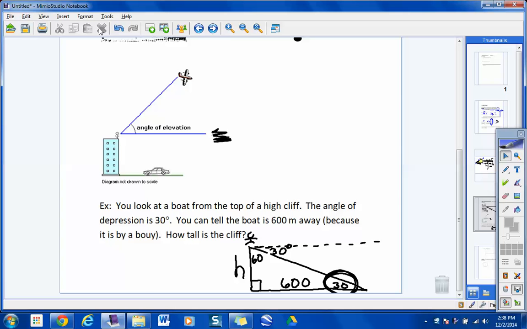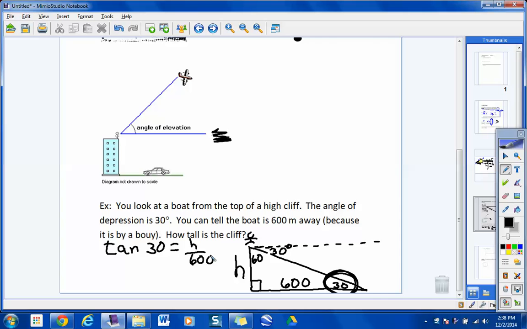Tangent. So I'm going to say the tangent of 30 degrees equals H over 600, the opposite leg over the adjacent leg.